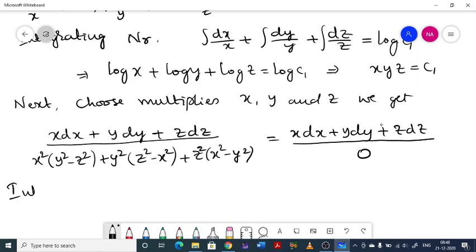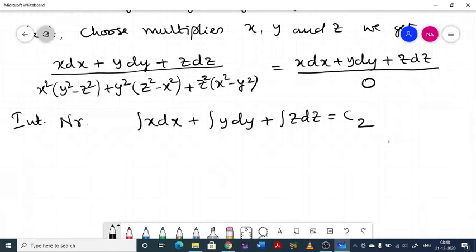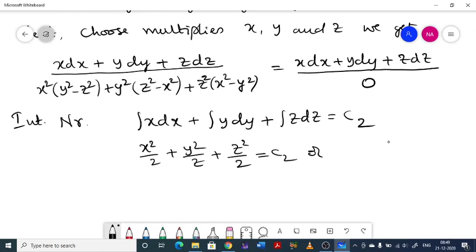So integrating numerator, I'll get integral x dx plus integral y dy plus integral z dz equal to c2. So that will be x square by 2 plus y square by 2 plus z square by 2 equal to c2, or x square plus y square plus z square equal to 2c2.